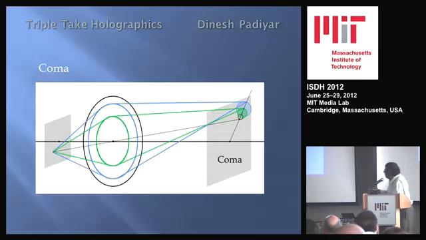Coma occurs because different segments of the lens give rise to circles. This part of the lens will take an object point off axis and create a circle that is slightly higher than the Gaussian focus.